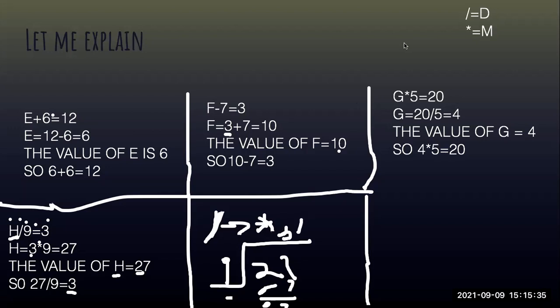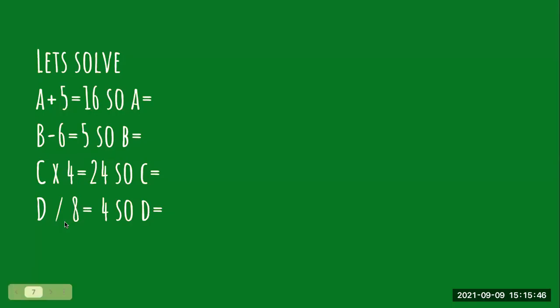Now, if we've understood, let's go to our next sum. Next, please. Let's solve it now. So we have given a plus 5 is equals to 16. So, if you remember the rules, let's solve them.